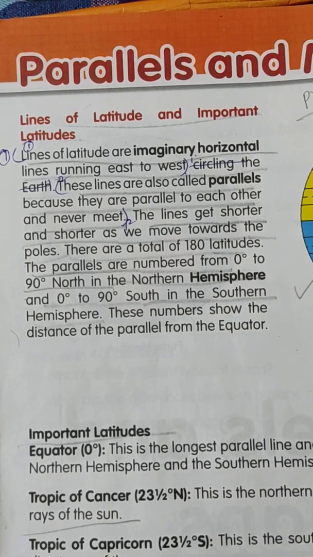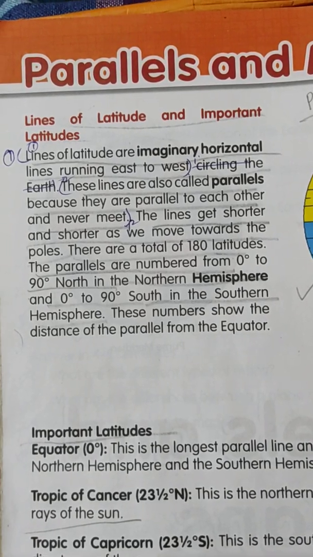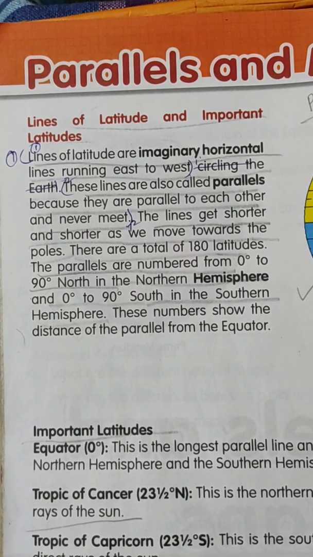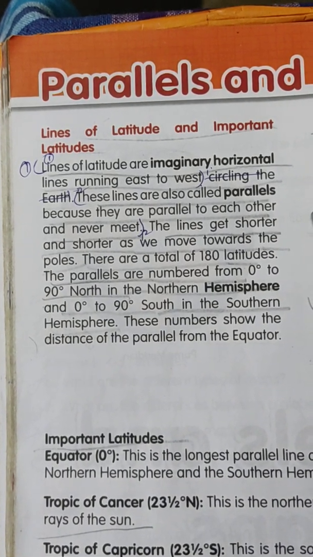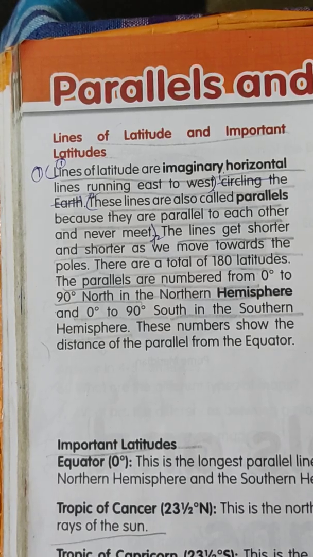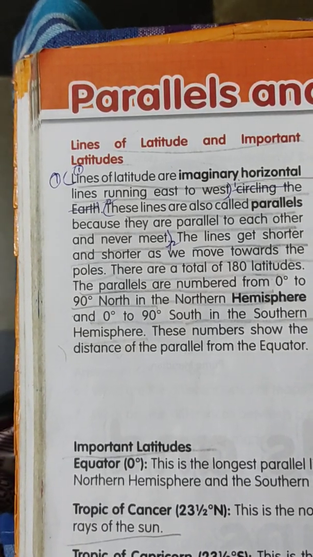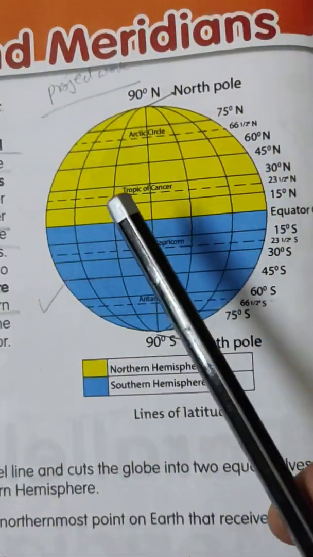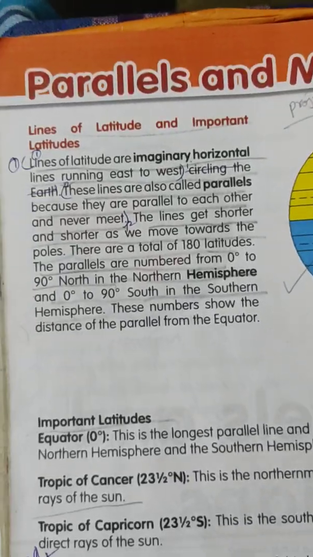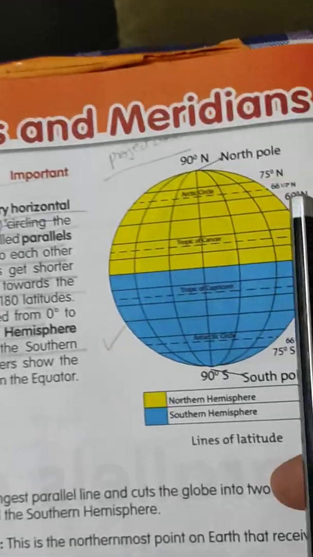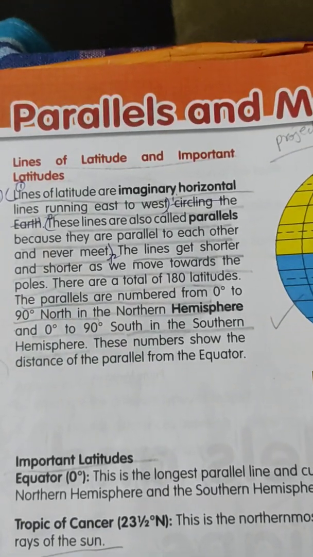Now, lines of latitude are imaginary horizontal lines running east to west, circling the earth. This one, children. Okay? They are just imaginary, running east to west.